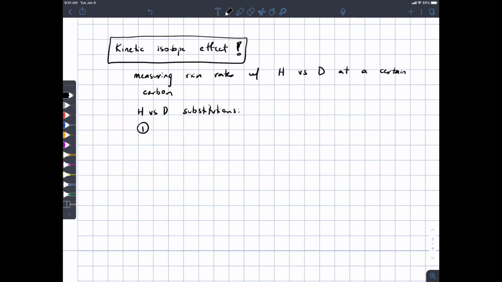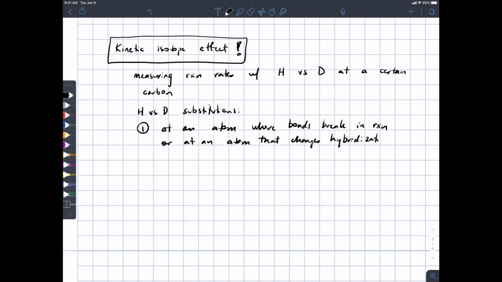First, we might choose an atom where bonds break in a reaction, or at an atom that rehybridizes, that changes geometry, changes hybridization in a reaction. And second, we might put the hydrogen versus deuterium nearby the atom identified in one.